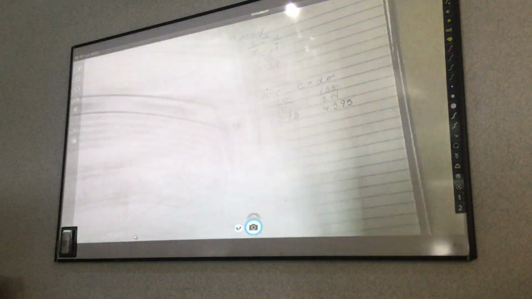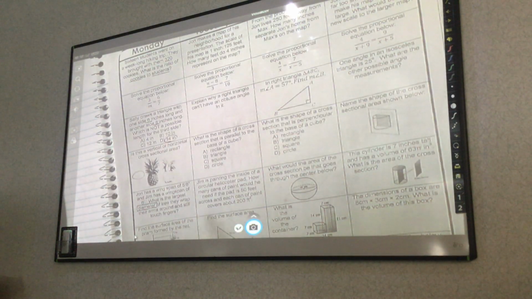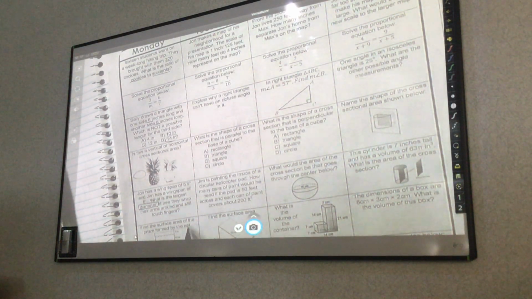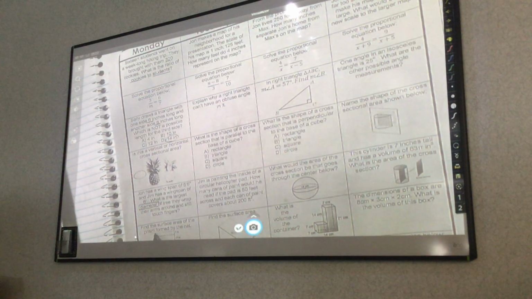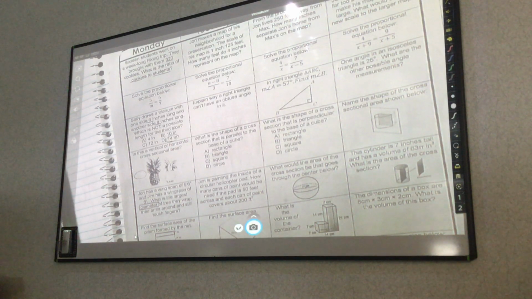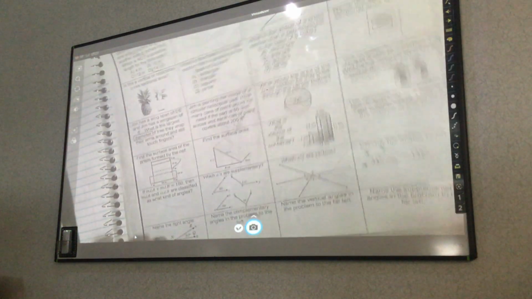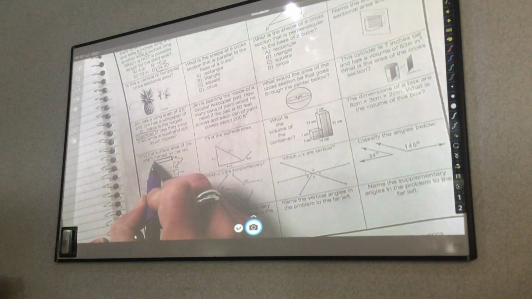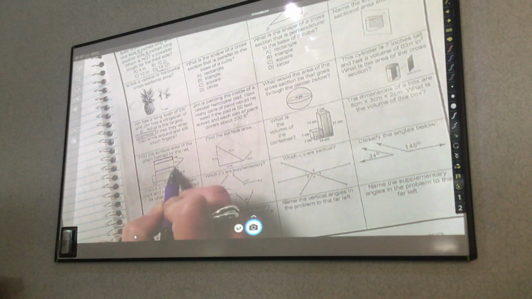Number 6, you are finding the surface area of the prism formed by the net. So what you have to do is find the area of each individual piece and add it up. These two are the same, so I can find the area of one of them and multiply it by 2.